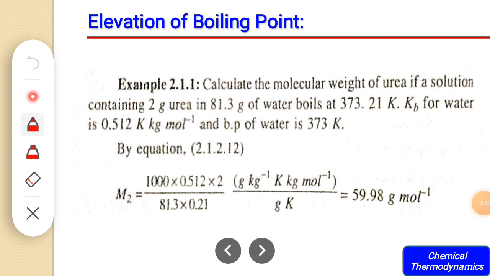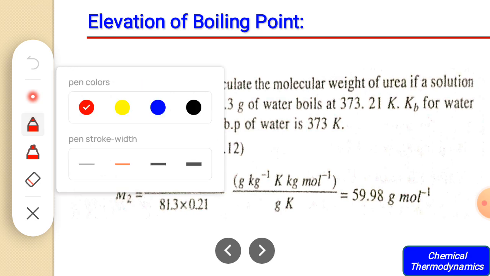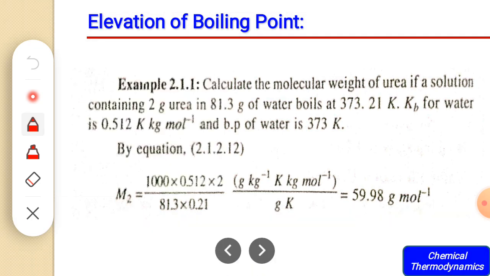Based on this, we have one numerical, because the main purpose or application of colligative properties is to determine the molecular weight of an unknown solute. Calculate the molecular weight of urea if a solution containing 2 gram of urea in 81.3 gram of water boils at 373.21 Kelvin.